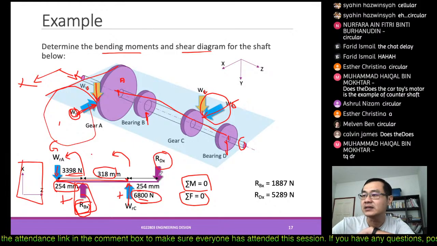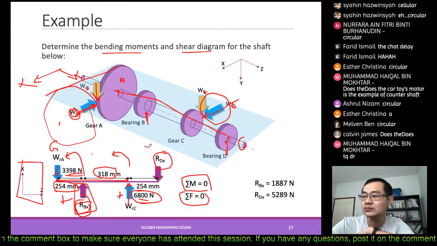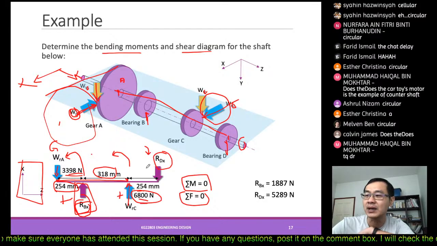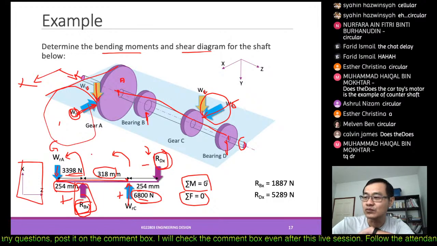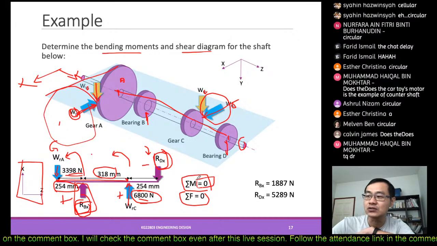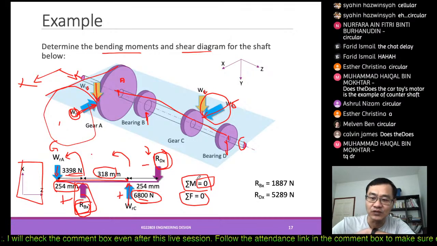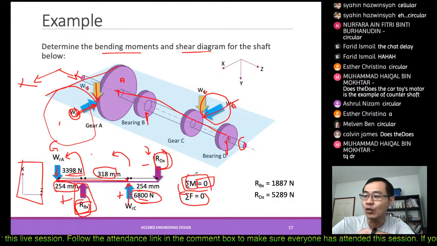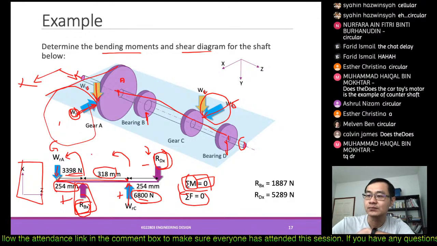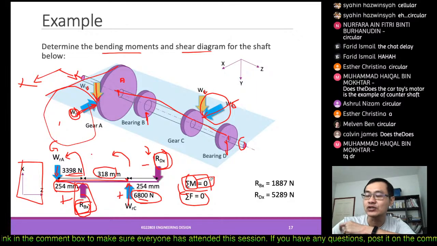This last part is the counterpart, so we minus this whole length, multiplied by RDX, and we equate it with 0.